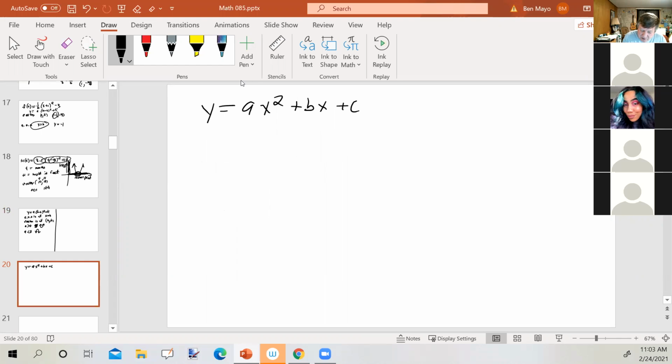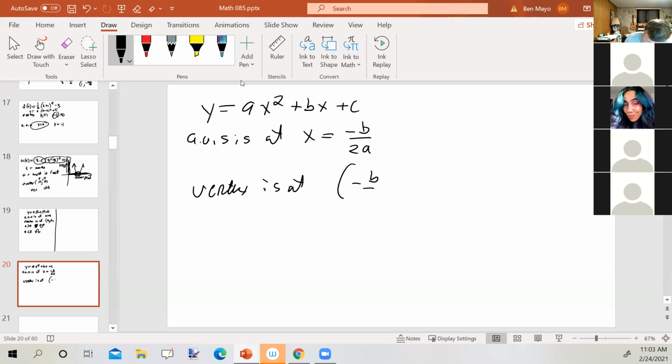When our equation is in this form, the axis of symmetry is at x equals negative b over 2a. The vertex is at negative b over 2a, comma, f of negative b over 2a.